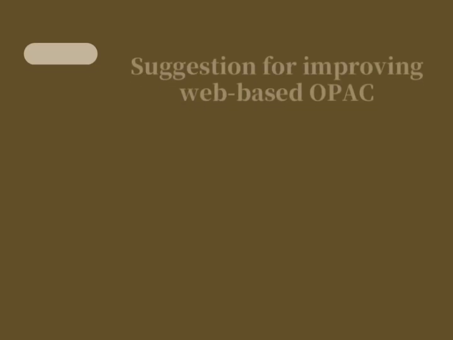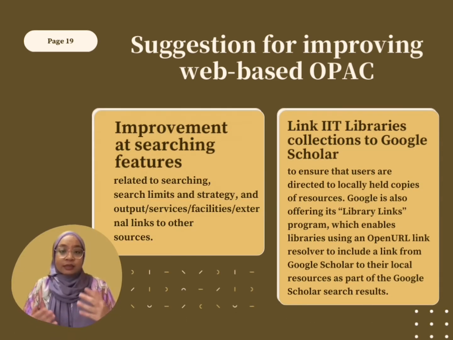The next suggestion from the authors in this article is improvement of features related to searching, search limits and strategies, and output or service facilities or external links to other sources. This is because Table 3 in the article states that search limit by serial and thesis was not found in any of the surveyed web-based OPACs except IITR. In fact, Babu and Tamizhchelvan 2003 have stated that search limit allocation is an important feature in OPAC.